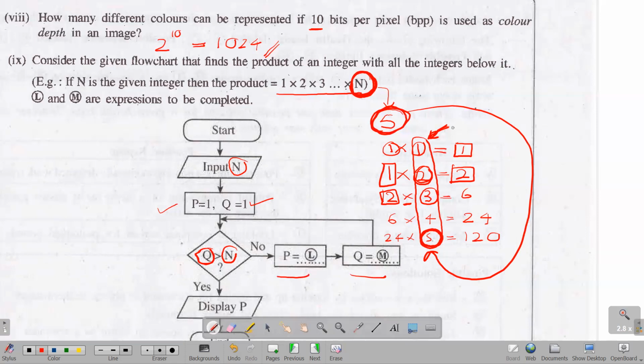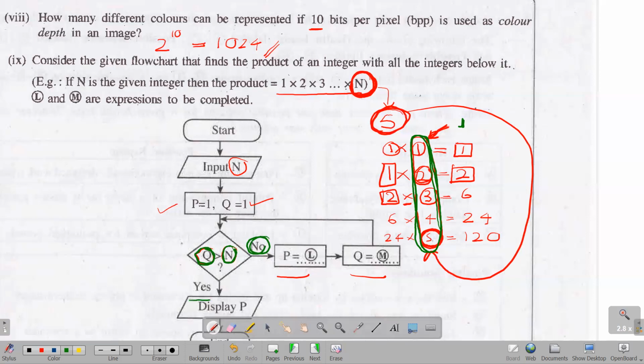So this is going to be the Q. It starts from 1 and increases up to the user given value, and until then it is always less than N. That means if we go to this condition, it should provide no.